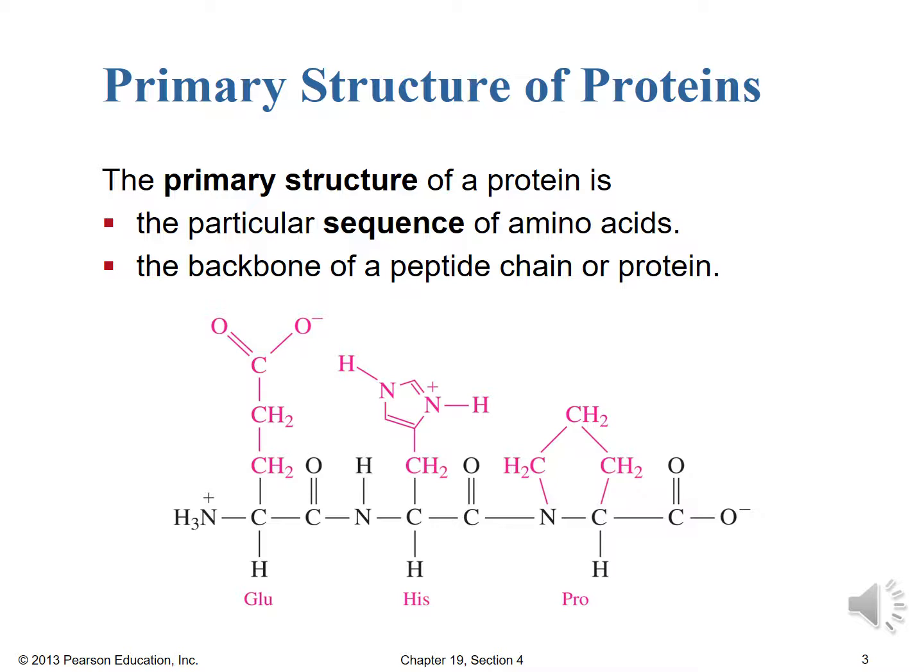That sequence gives rise to a unique name, and that particular sequence, if we continue it for many more amino acids, we'll start to get protein, and based on the primary structure, we'll figure out at least the order of amino acids in the protein. And that's important information, although it's not how the protein would occur in the body. It's just that straight chain is how we can figure out the sequence of amino acids.